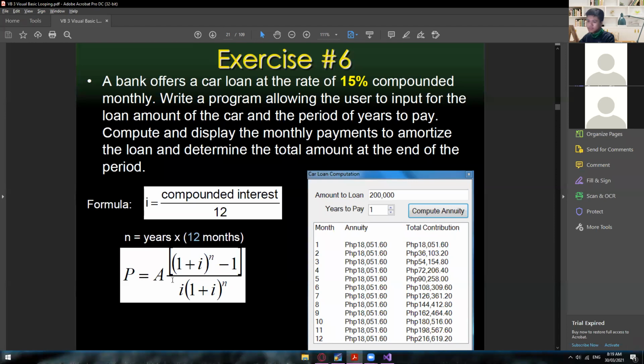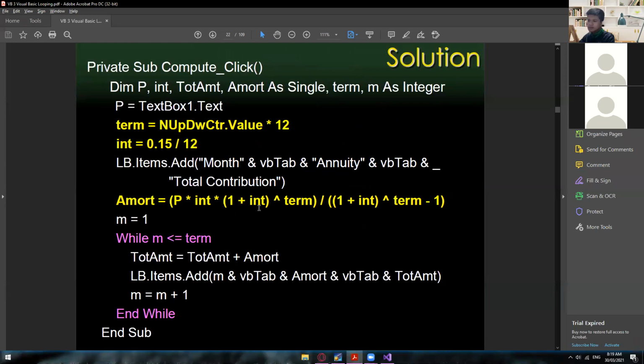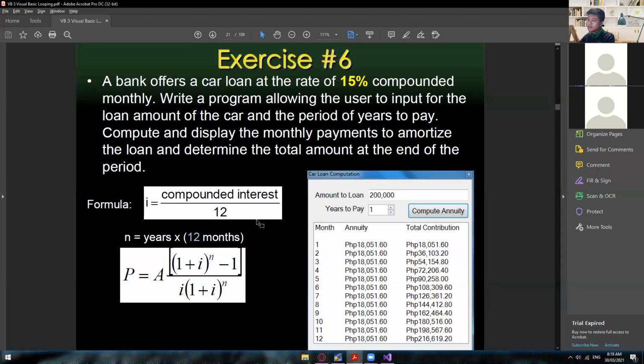1 plus interest. Okay, let me just check. What is this letter P right here? I think letter A is the amount to loan, and letter P is the computed value. So it's either the annuity or the total contribution.